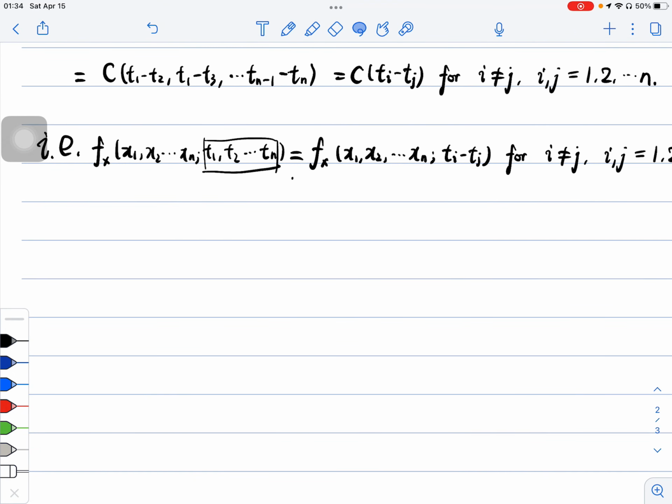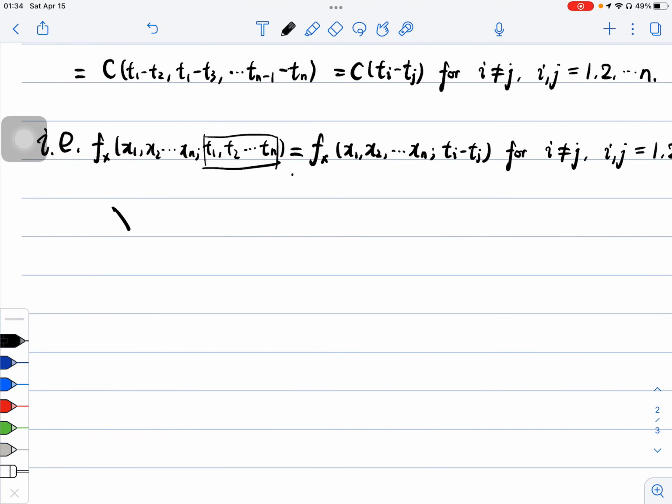For strict sense stationary, we can check the definitions as: if for a real stochastic process, if it is stationary in strict sense, the statistics is not affected by a shift on the time axis, which means that two processes, for example, x(t) and x(t plus epsilon), they have the same statistics for any epsilon.